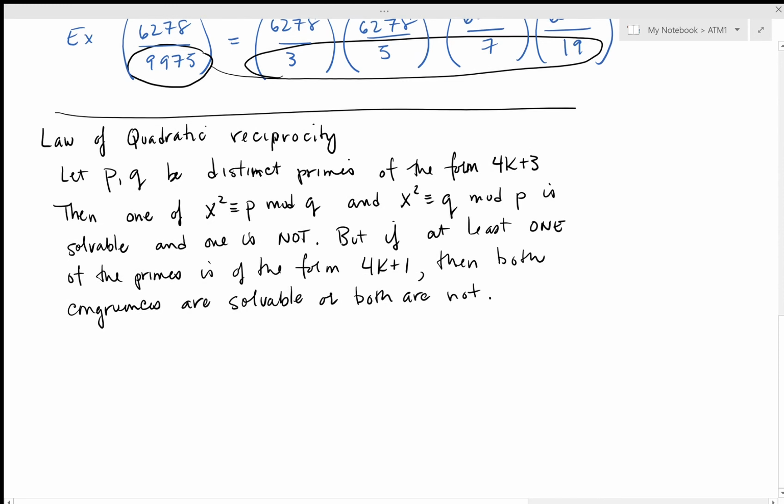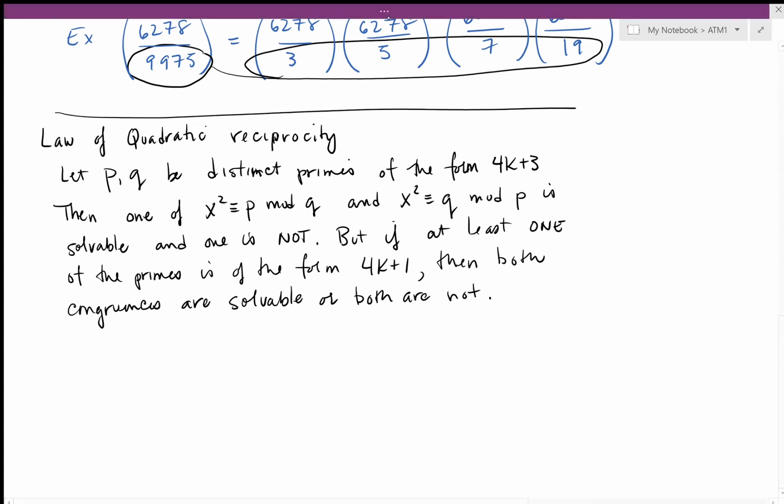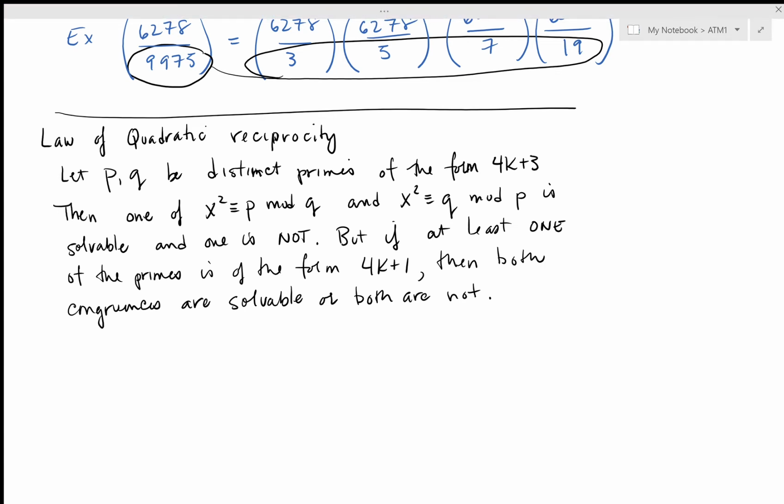Okay, so let's take a careful look at a whole bunch of things here. An important thing here is to take a look at the two congruences that we're talking about. We're talking about x squared congruent to p mod q, and we're talking about x squared congruent to q mod p.